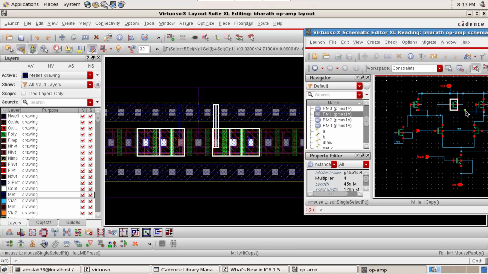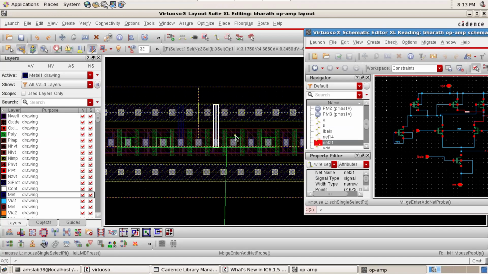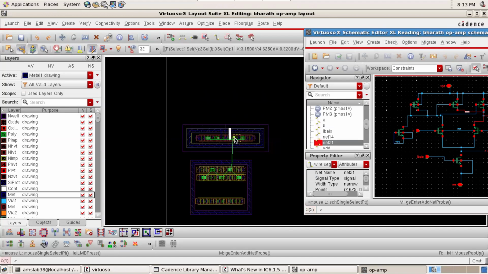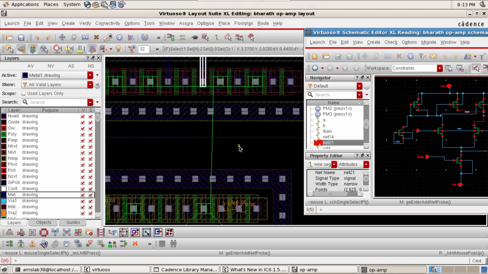This is the internal net. When you see this one, the internal net is getting highlighted in green color. Internally means by abutting two multipliers, I took this net inside.